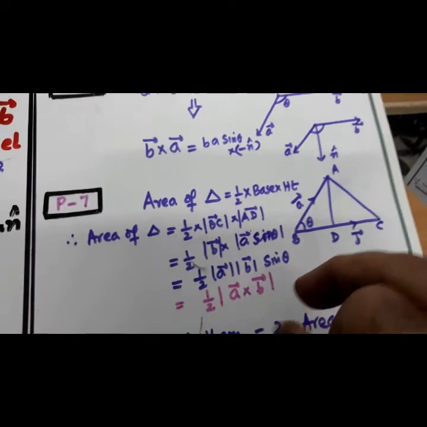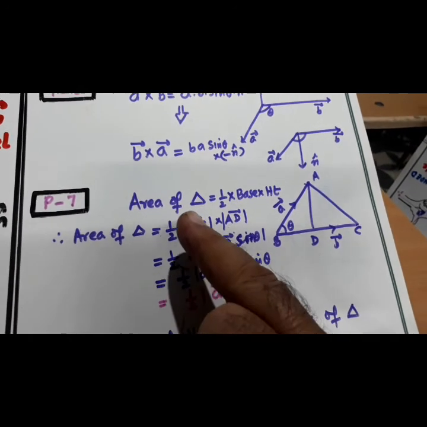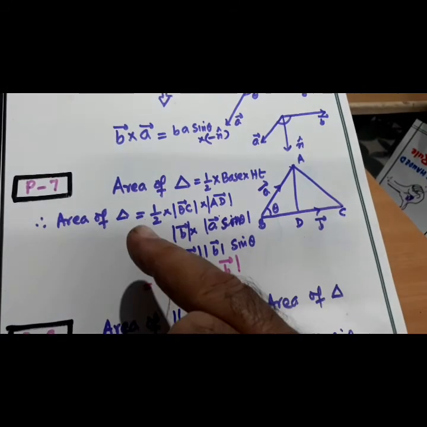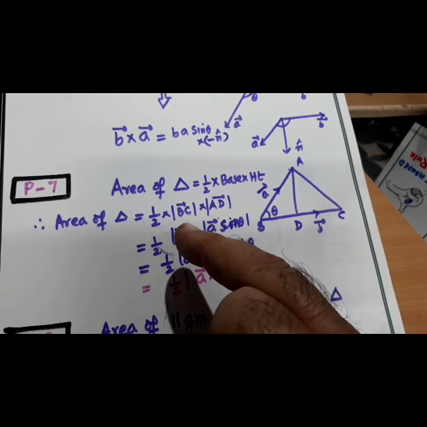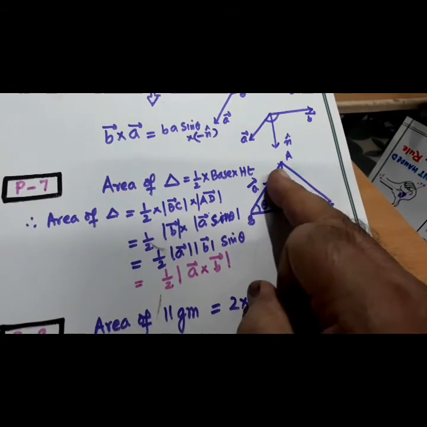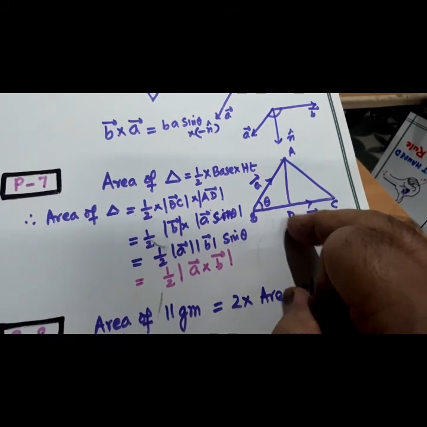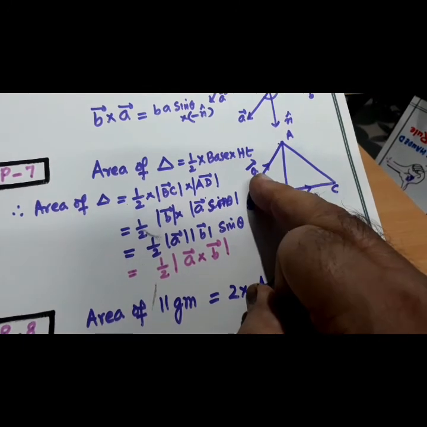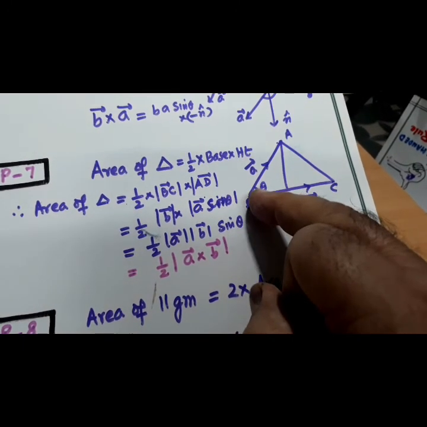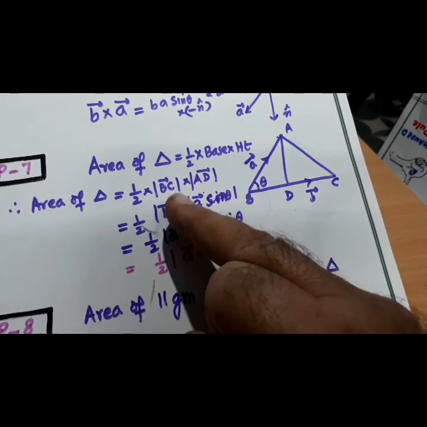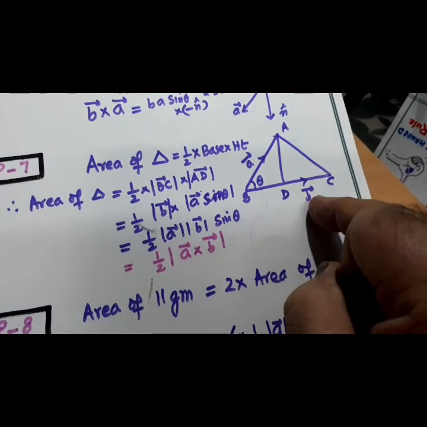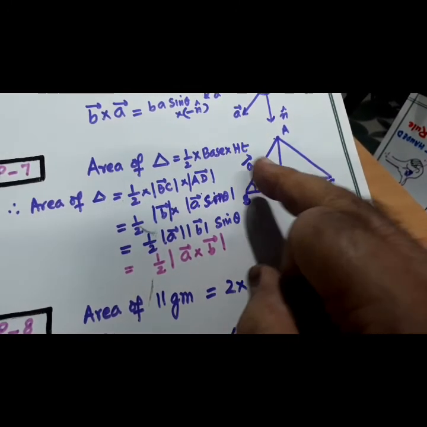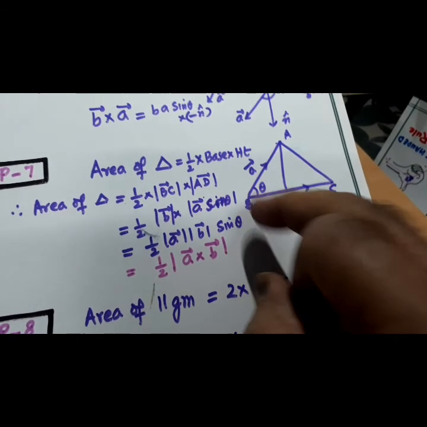प्रॉपर्टी नंबर 7, most important property: area of triangle is half into base into height. Area of triangle can be written as half, base is BC here, this is the triangle ABC, and height is AD, perpendicular is AD. So AD over AB will be sin theta. So it becomes half, BC is your B, this is vector B, AD becomes A sin theta, this over this sin theta, perpendicular upon hypotenuse.